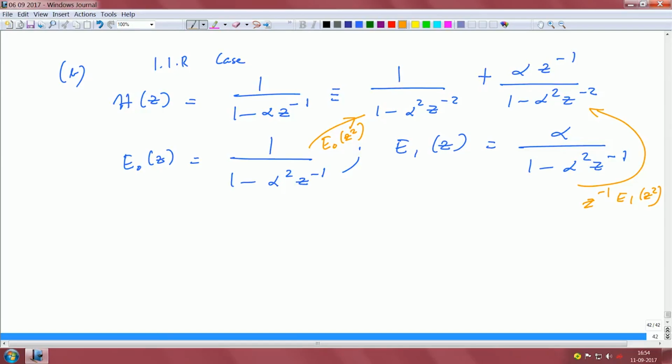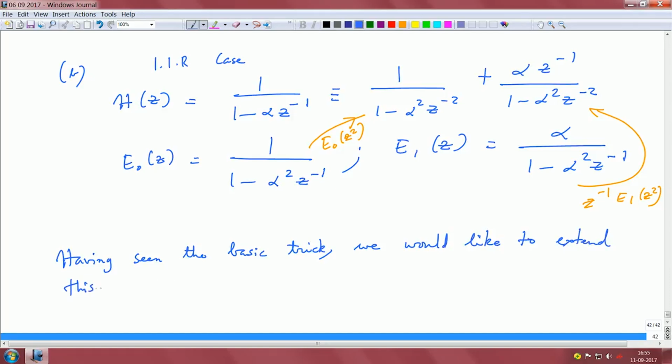Now we would like to extend this idea for any integer m. So let us see the generalization.